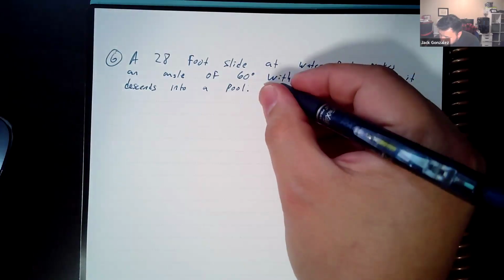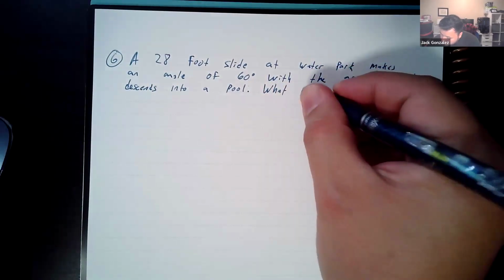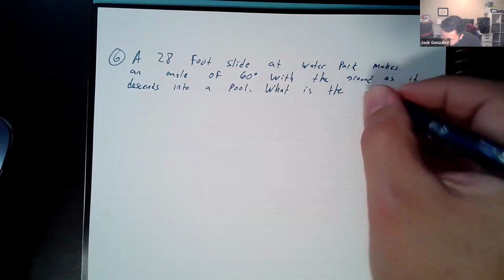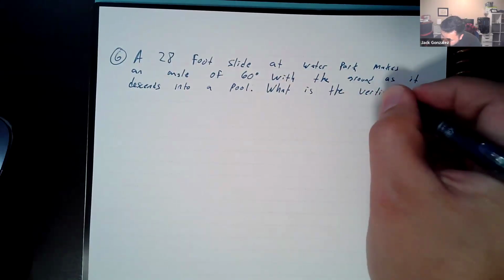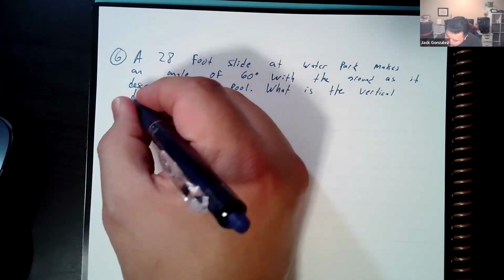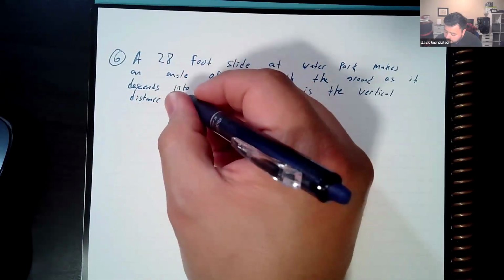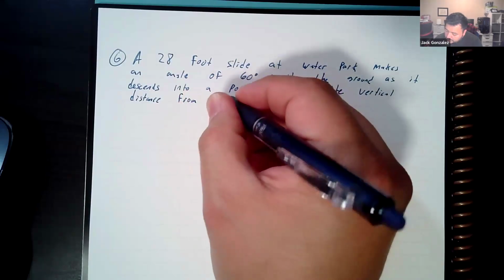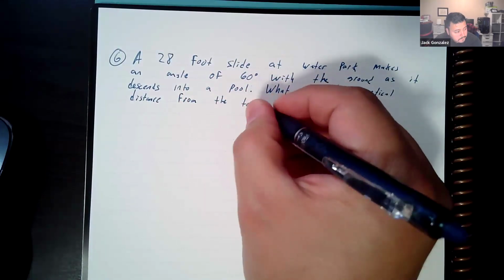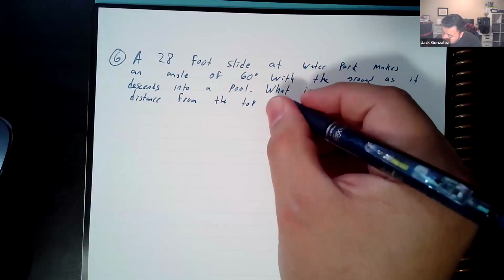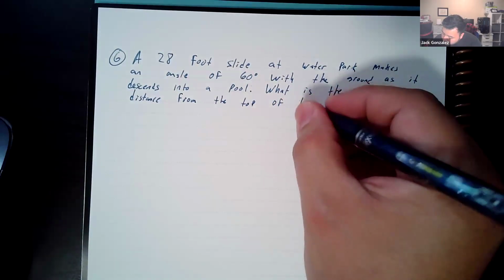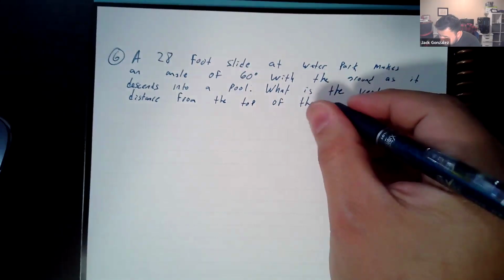What is the vertical distance from the top of the slide to the ground?